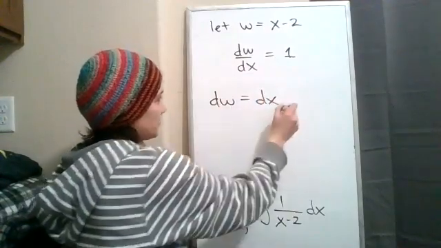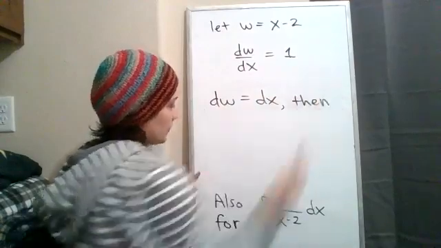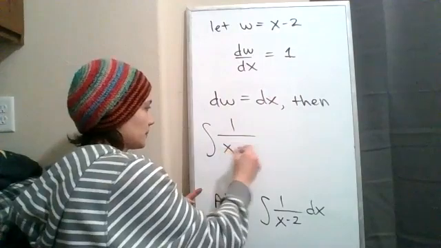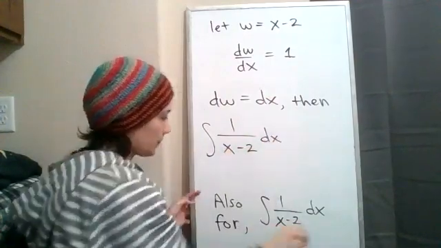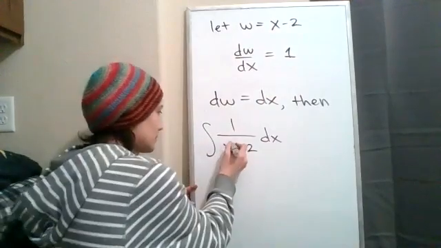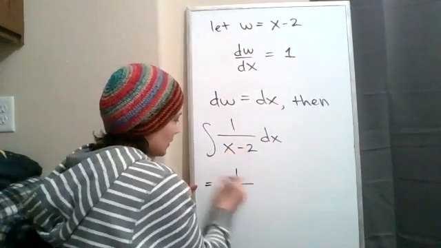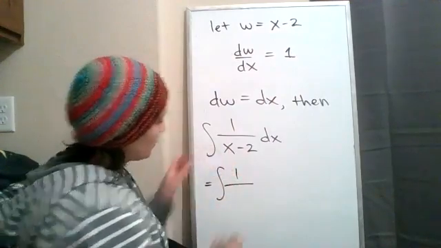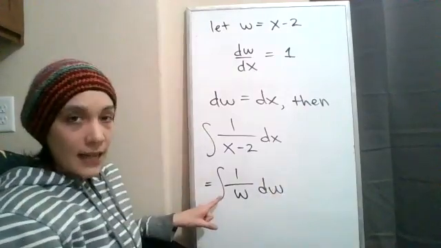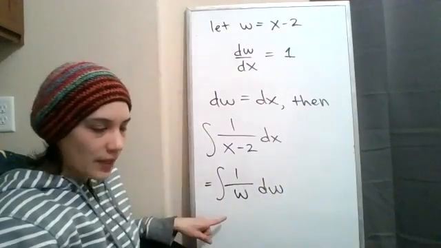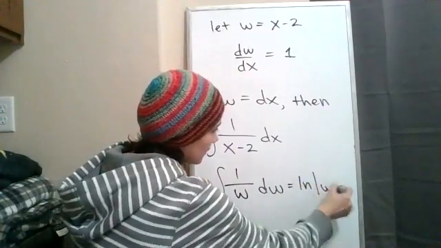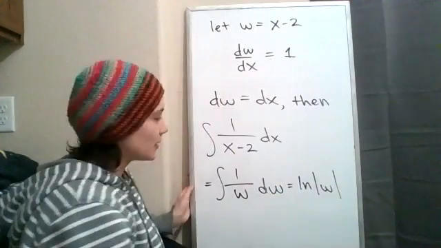Okay, so here we substitute w, then this will give us ln absolute value of w plus c.